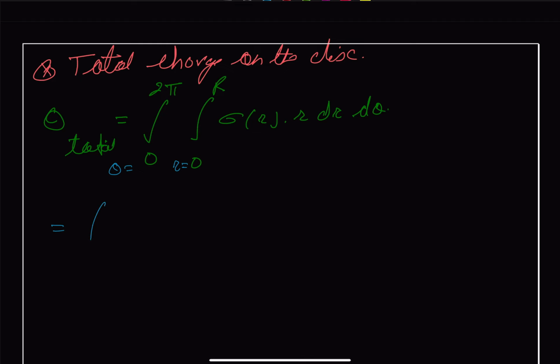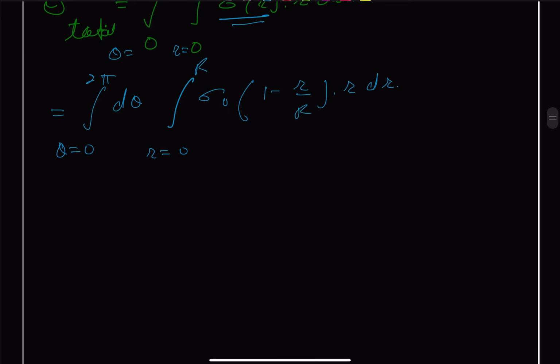So for the outer, theta is equal to 0 to 2 pi, and then r is equal to 0 to capital R, and we substitute the value of the charge density, which is sigma naught, 1 minus r upon capital R, multiplied by r and dr.